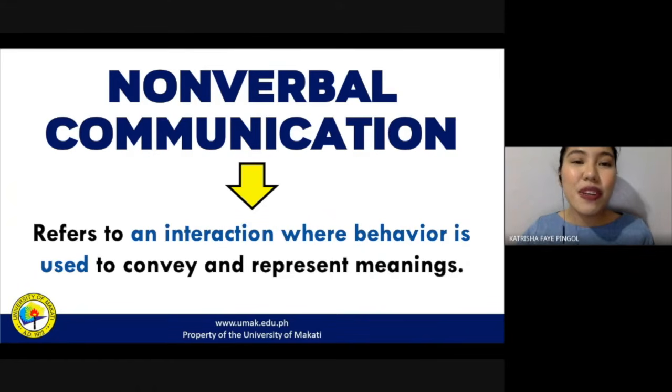Nonverbal communication refers to any kind of interaction wherein behavior is used to convey and represent meanings. We don't necessarily use our words or our voice, but rather it is our body, our expressions, our disposition. It is our behavior that is doing all the talking.